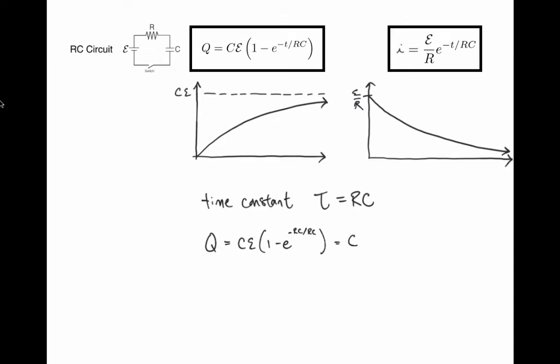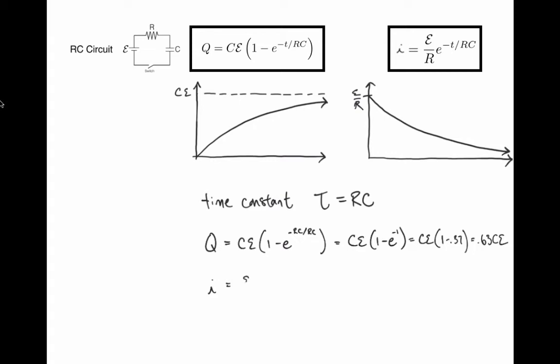But that's just CE times (1 minus e to the minus 1). And e to the minus 1 is 0.37, so this is 0.63 times CE. Remember that CE is the final charge on the capacitor, so at one time constant, the capacitor is 63% charged.